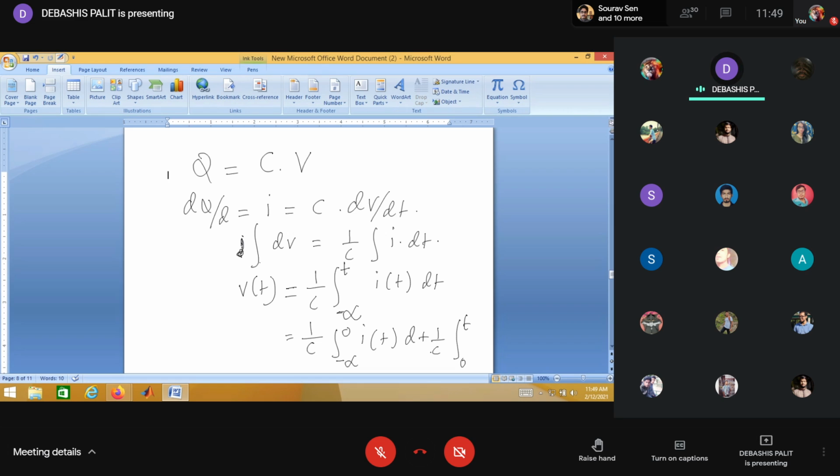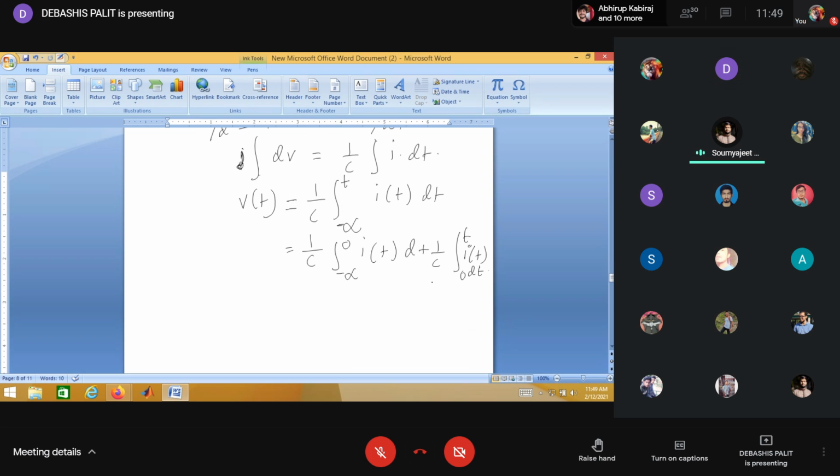Sir, if some charge is already stored before zero time, we can consider that charge from the zero time only, so what is the need of taking it from minus infinity? So actually, whenever you are splitting a time instant, this is your zeroth timing, t is equal to 0.